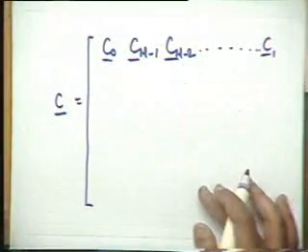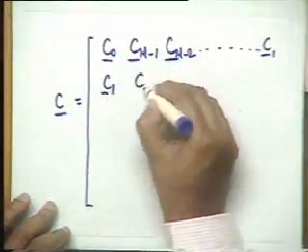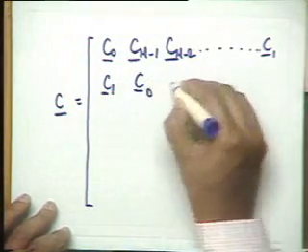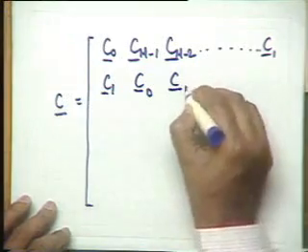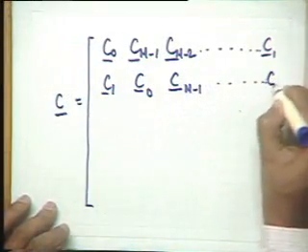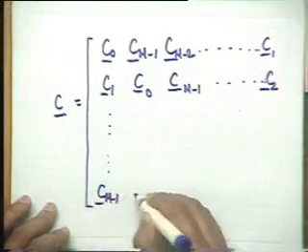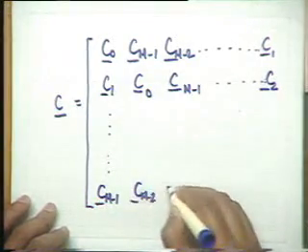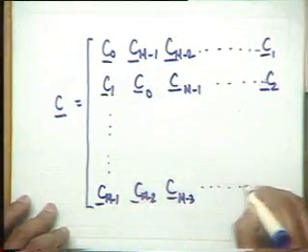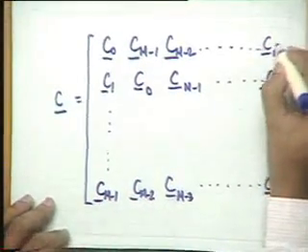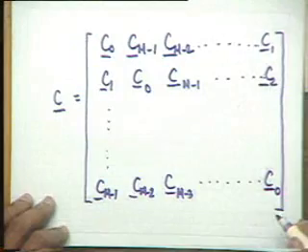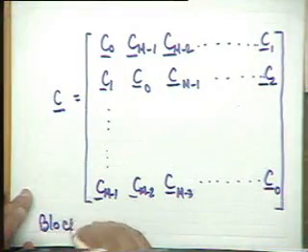Later on we are going to assume a square matrix size, but there is nothing wrong if, for the time being, you keep this as m, because we are ultimately going to consider the case of m equal to n. This is our block circulant matrix.